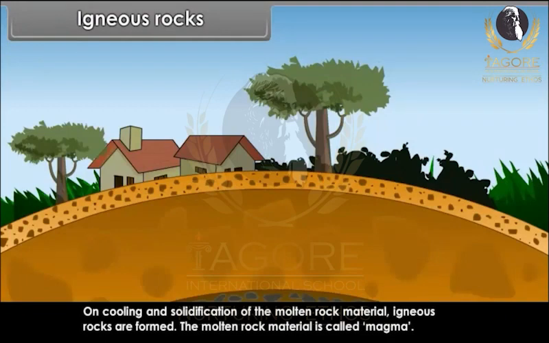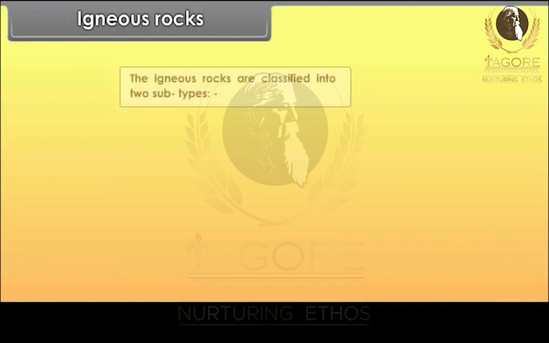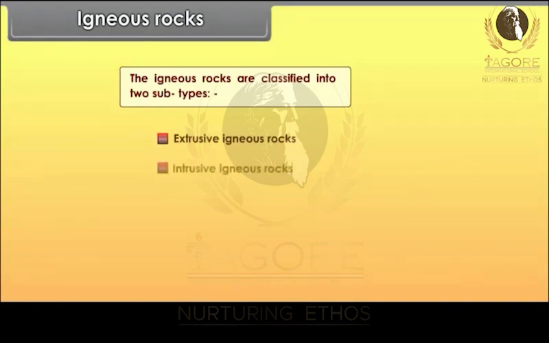On cooling and solidification of the molten rock material, igneous rocks are formed. The molten rock material is called magma. The igneous rocks are classified into two subtypes: extrusive igneous rocks and intrusive igneous rocks.